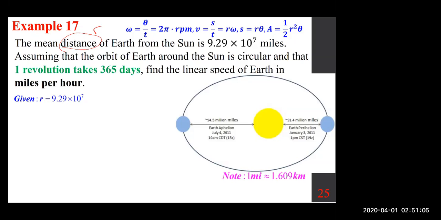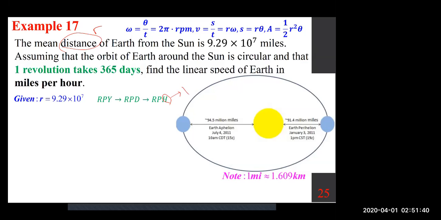Okay, so we have a revolution per year, rpy, we have revolution per day, rpd, and then revolution per hour or per minute and so forth. Obviously, as you can see, we want miles per hour. That's why I don't want to go with rpm, everybody. We go with rph.